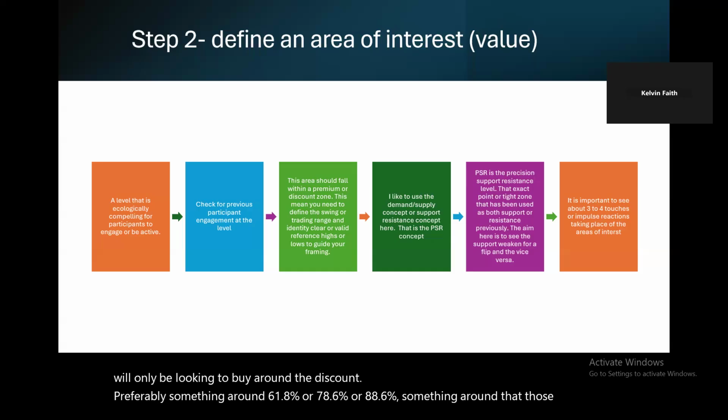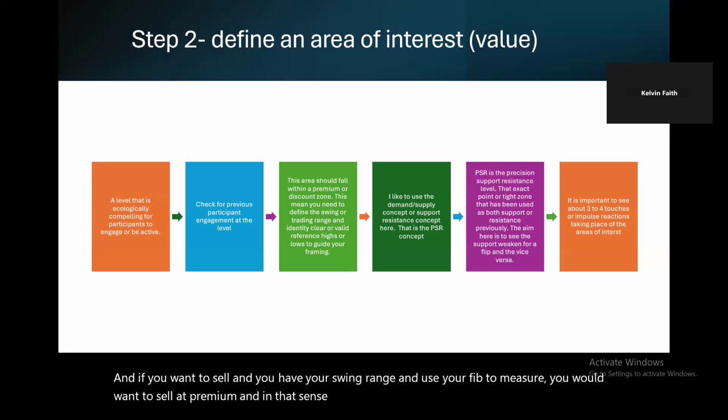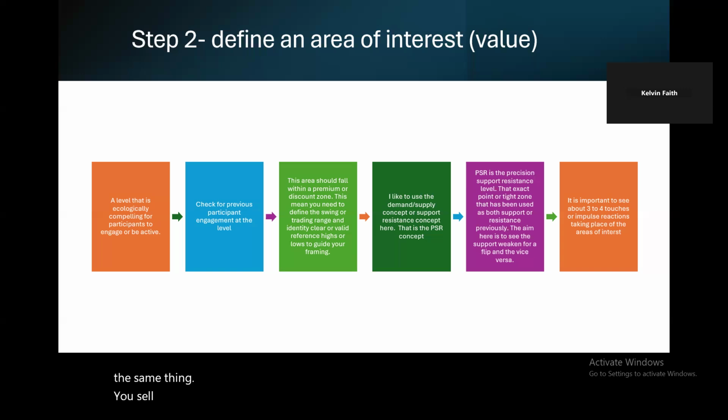And if you want to sell and you have your swing range and use your fib to measure, you would want to sell at premium. In that sense, you have to flip the fib for the measurement, and it's the same thing. You sell around 61.8% or 78.6% or 88.6% at premium.